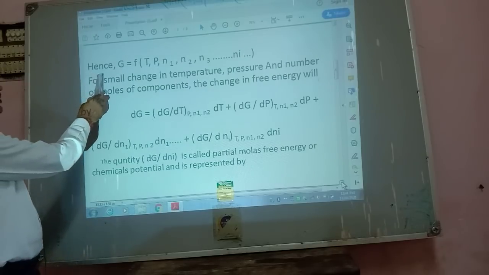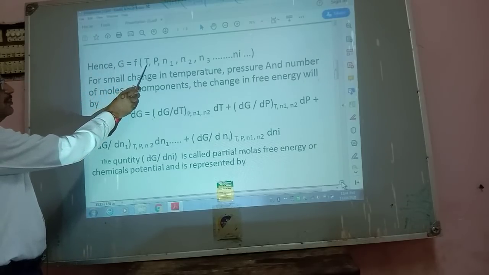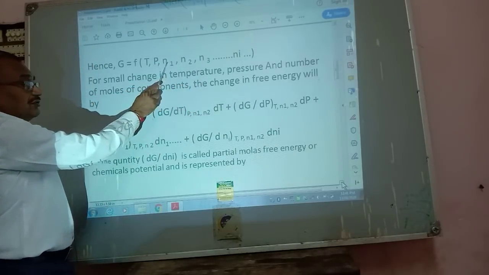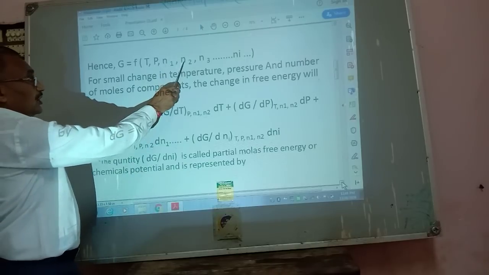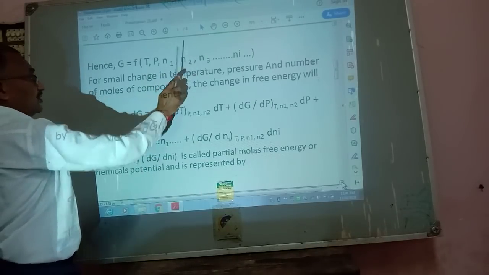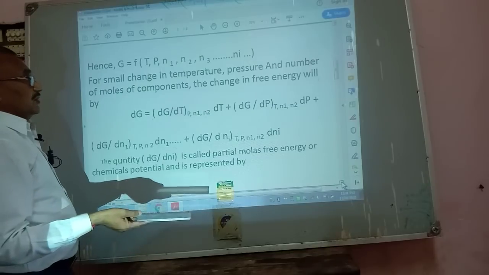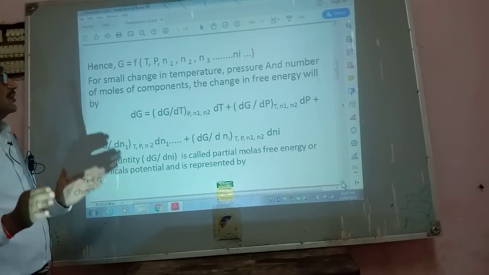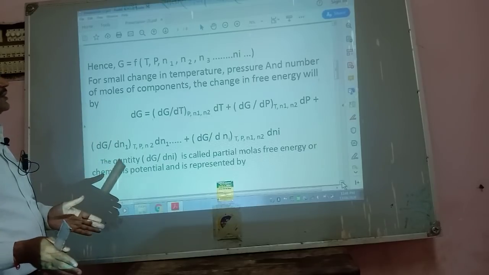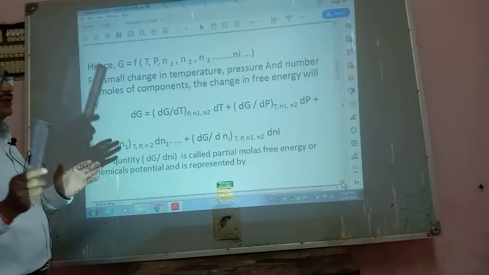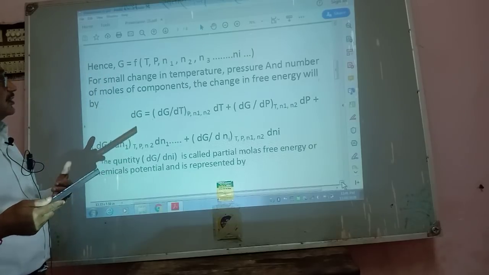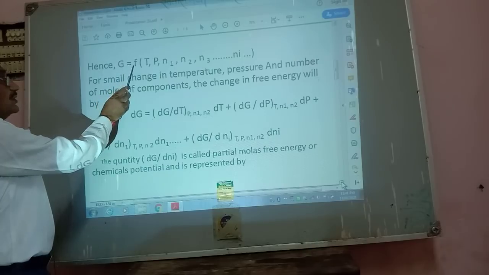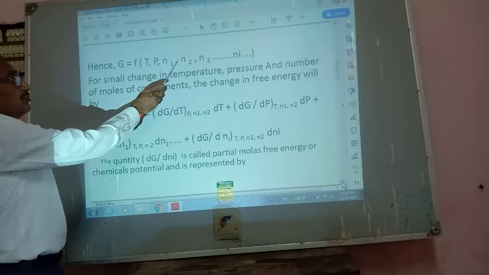Here N1 is the number of moles of the first component, N2 of the second component, N3 of the third component. If the system contains various components, then N1, N2, N3 are the numbers of moles of those constituents present in the system, and therefore Gibbs free energy G is a function of temperature, pressure and the number of moles of the various components.